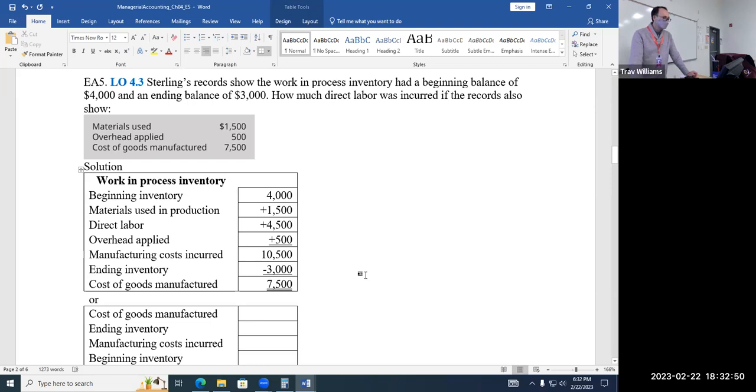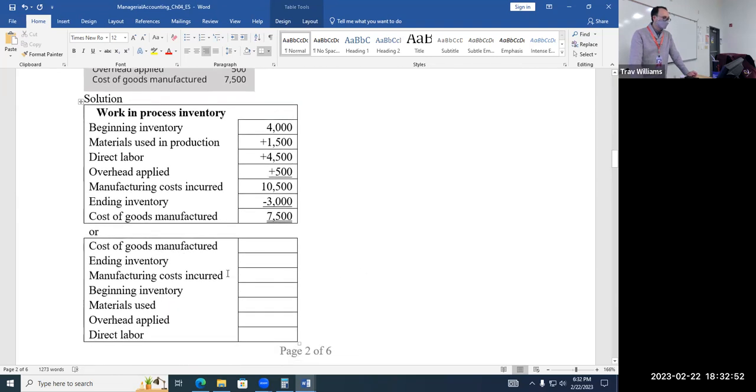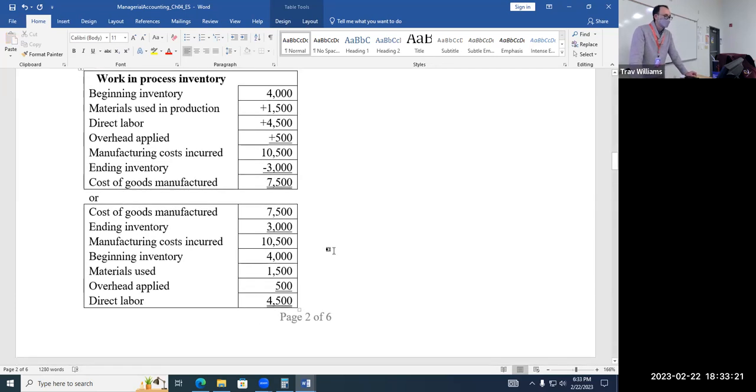So it's a little trickier here to do work in process inventory. Again, here's an alternate version of this formula. So let's plug the same numbers in here. Make sure that it all works out. Okay.